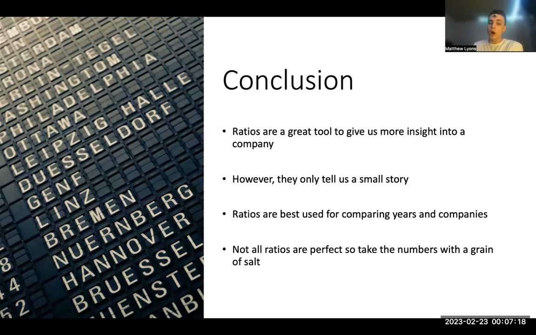Not all ratios are perfect, so take the numbers with a grain of salt. We're looking at just a couple line items, dividing them, throwing some other variables in there. That gives us a small story. It doesn't include the full picture.